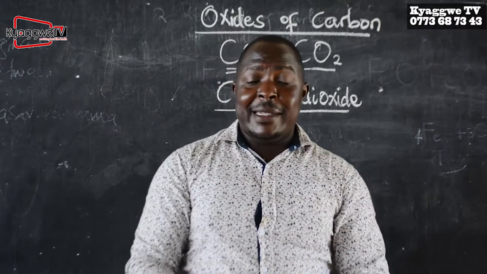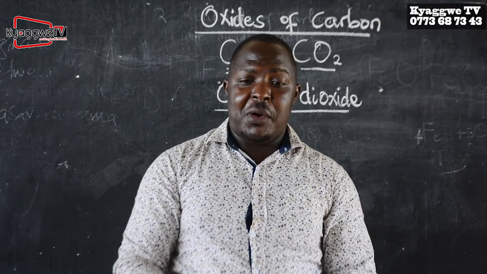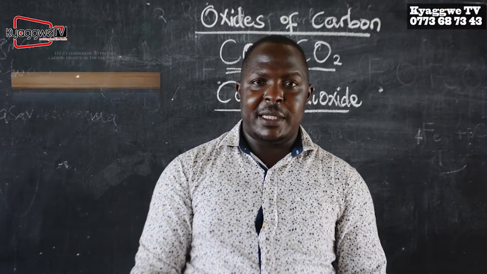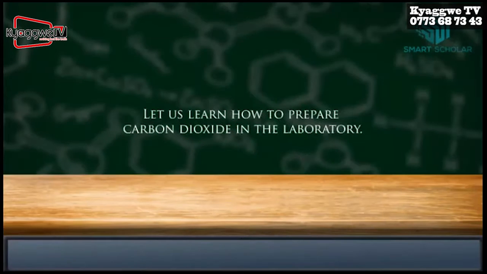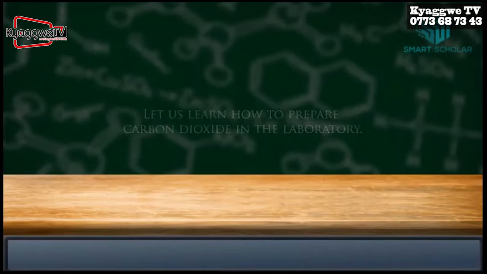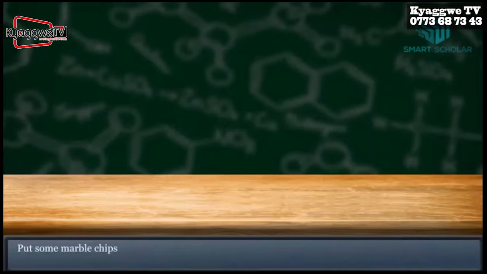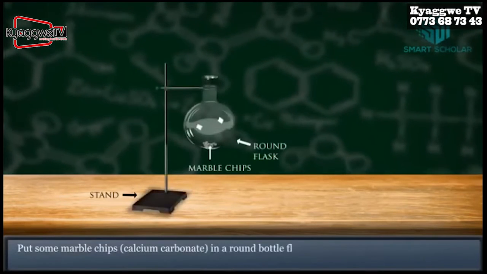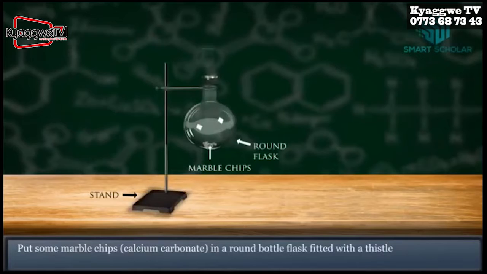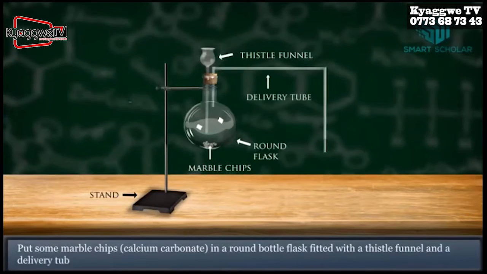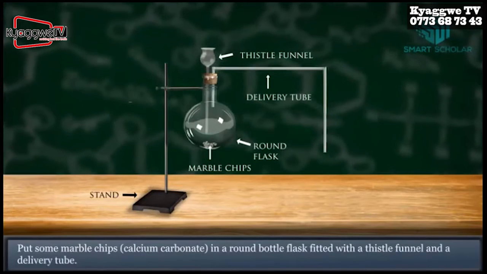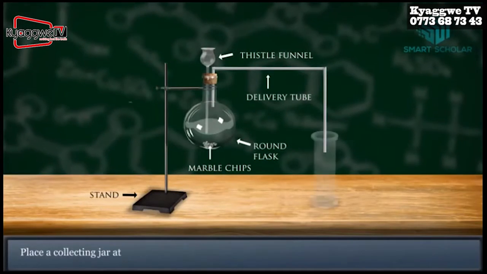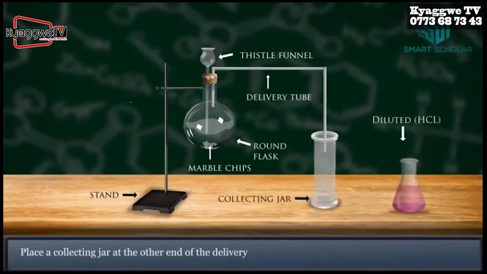Now, let's look at the laboratory preparation of carbon dioxide. Put some marble chips, like calcium carbonate, in a round bottomed flask fitted with a thistle funnel and a delivery tube. Place a collecting jar at the other end of the delivery tube.